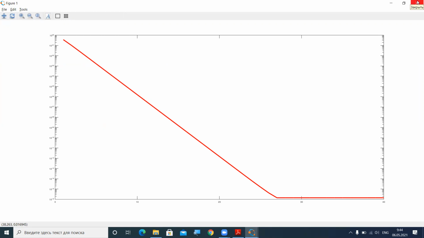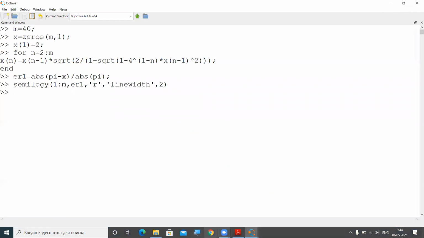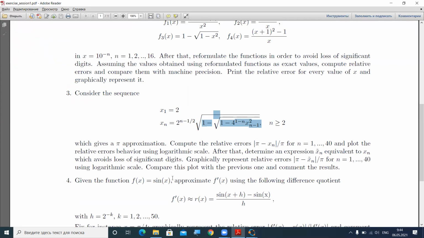Okay, let's continue and do the next exercise. Given the function f of x equals sine x, approximate its derivative using the following difference quotient. You know from the mathematical analysis course the definition of the derivative, yeah? It was f of x plus delta x minus f of x over delta x, as delta x tends to 0.